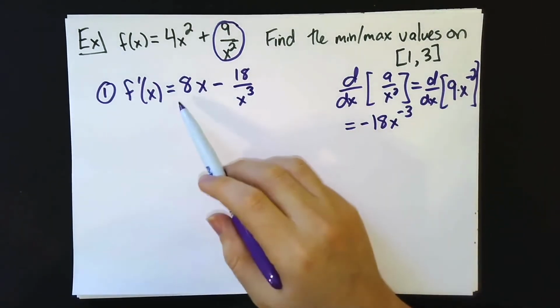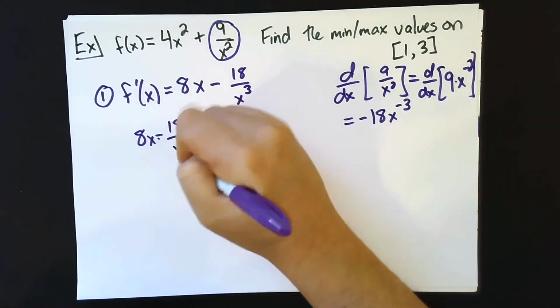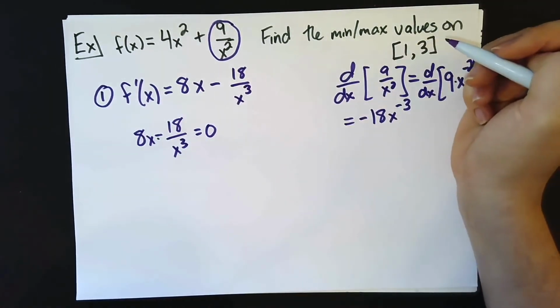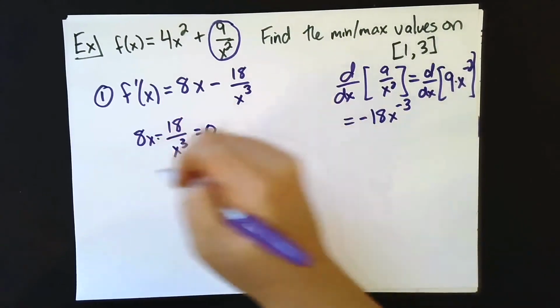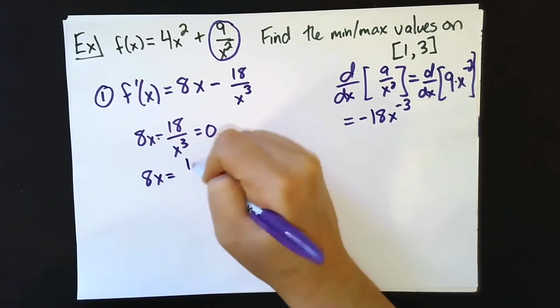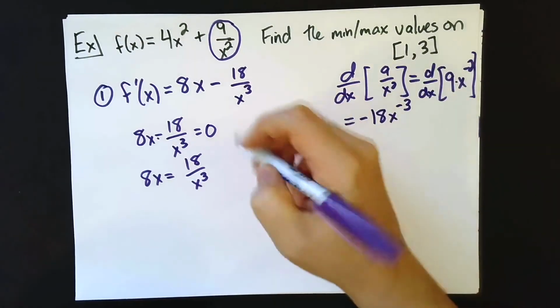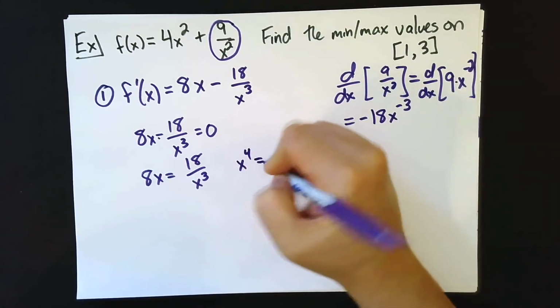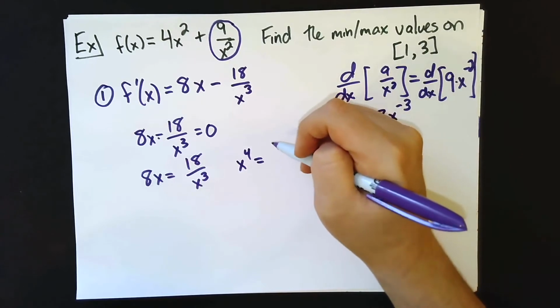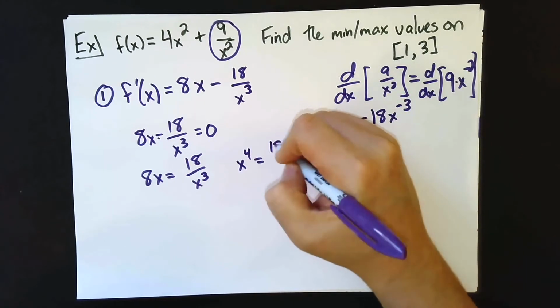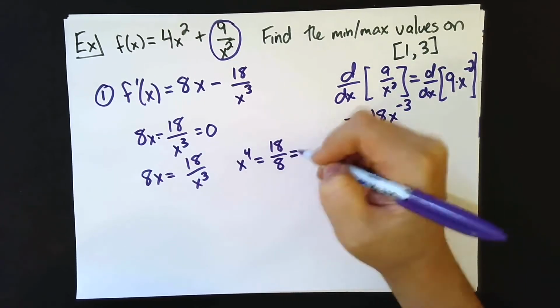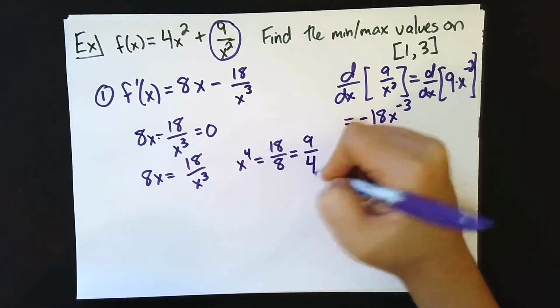So this is our derivative, and we want to know when this is equal to 0. So that says 8x is equal to 18 over x cubed, or this says x to the 4th is equal to 18 over 8, which is 9 over 4.